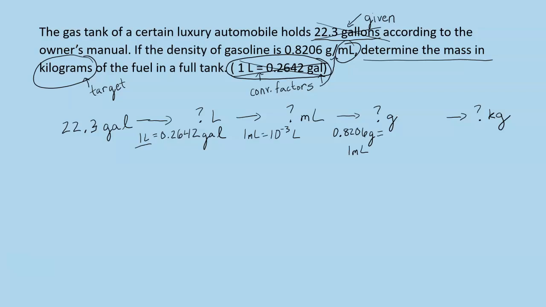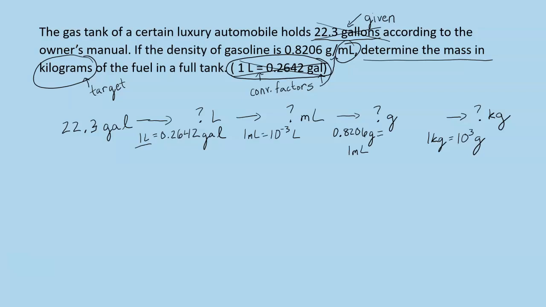And then the last step from grams to kilograms, that's another metric prefix. 1 kilogram is equal to 10 to the third grams. Okay, so you do have to look for those base units, like the liter, and find, okay, do I see the base units anywhere? Which in this case, I had already used the gallon to liter, and so the only other one with the density, the closest, was the milliliter. And then, of course, the base unit of gram, you can convert to the kilogram at the end.